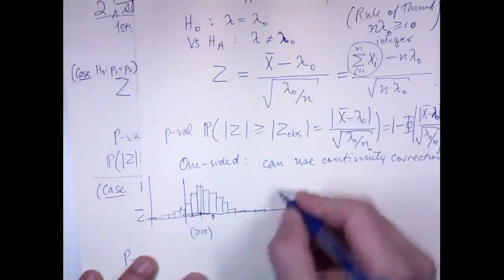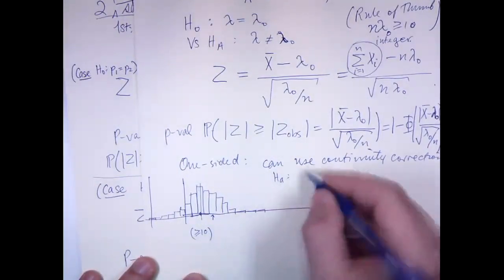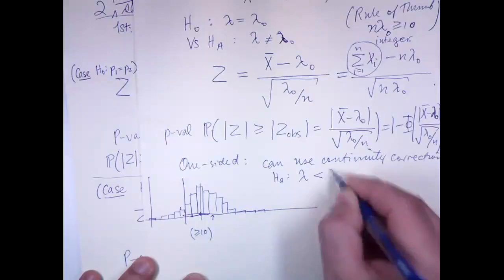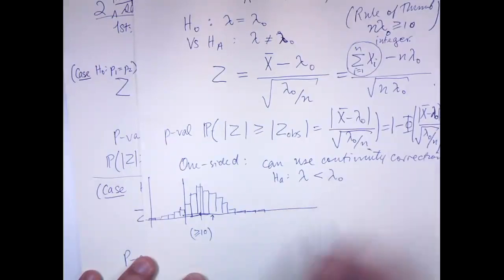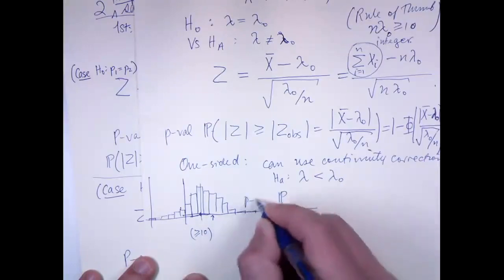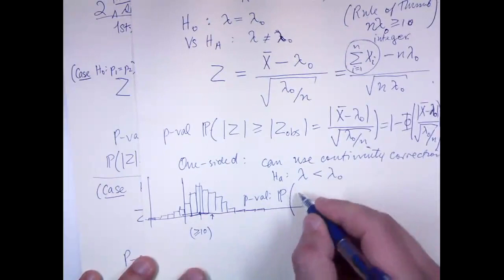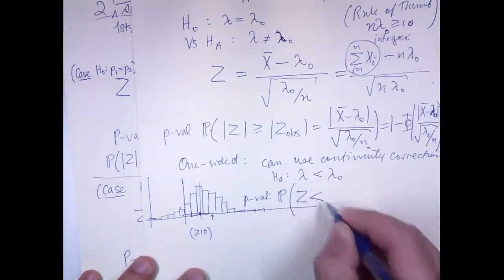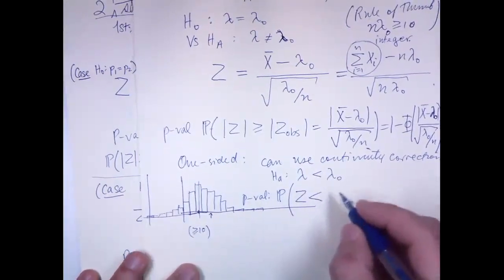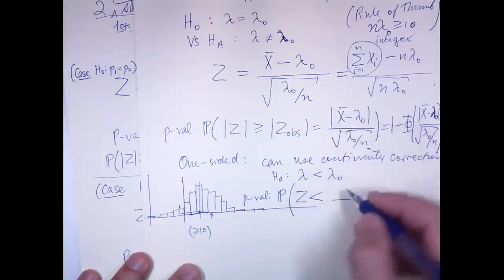So if you use the continuity correction, then for a left-sided case, HA: lambda less than lambda 0, the p value is going to be the probability that Z is less than, not so much z observed per se, but fixed up with a 1/2.